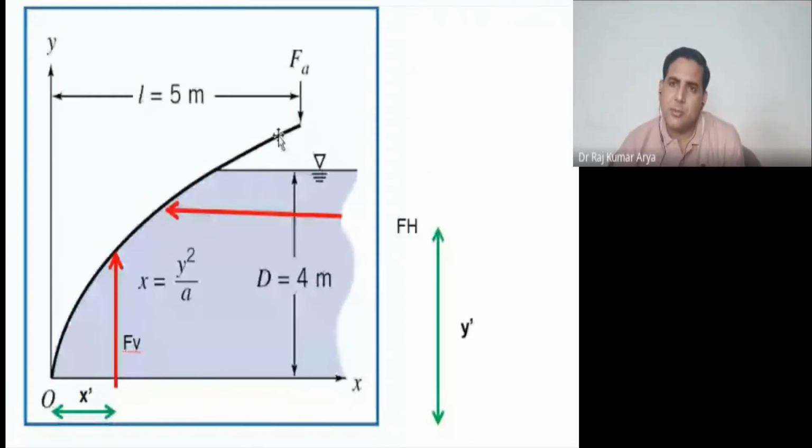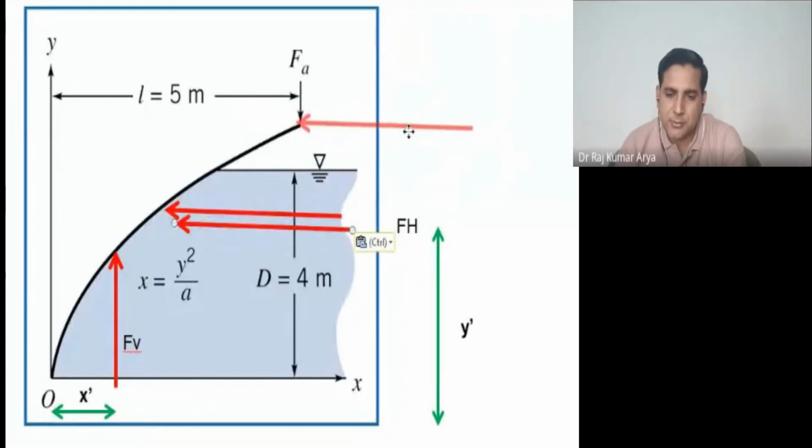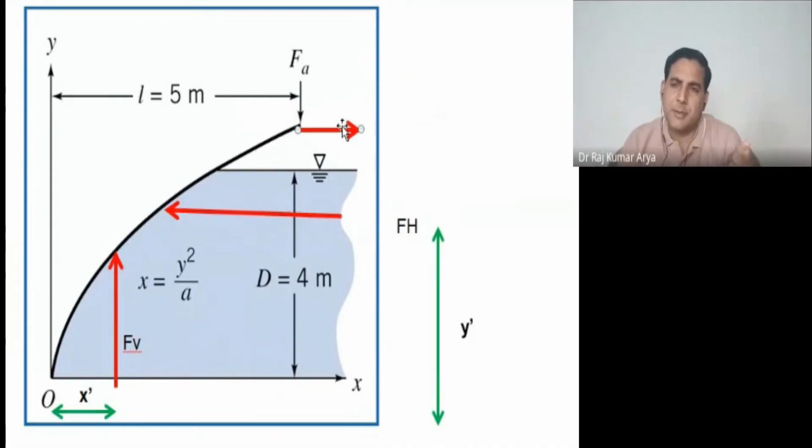Suppose you want to support the gate by providing this force in a different direction here. You have changed the direction of Fa, suppose you did it like this. Earlier the direction of Fa was this, now you want to hold it that way. You might have seen this sometimes: you are putting a chain somewhere and here you are putting a pillar, and you tighten the chain to that pillar sometimes.